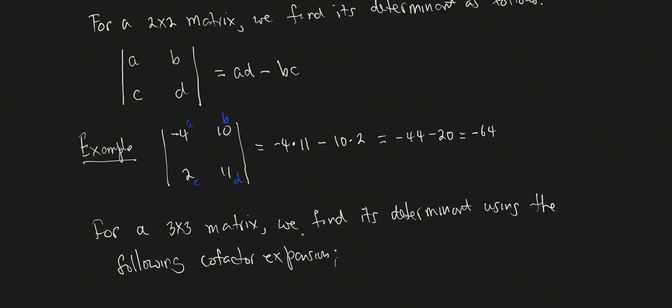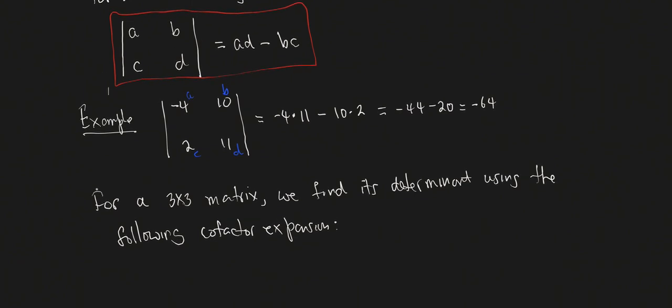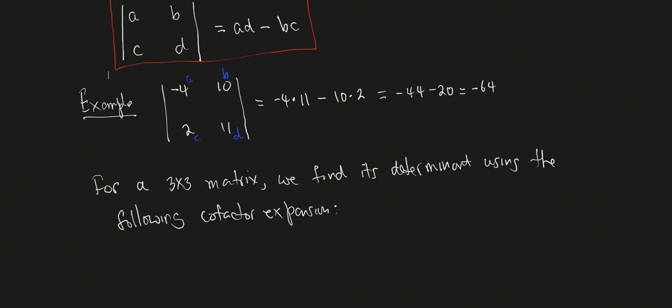Let me go ahead up here and highlight this. This is a formula to know, because we are going to end up using this several times to compute the determinant of a 3 by 3. Essentially, it is a recursive process, and it can be tedious, but not so much for 2 by 2 and 3 by 3.